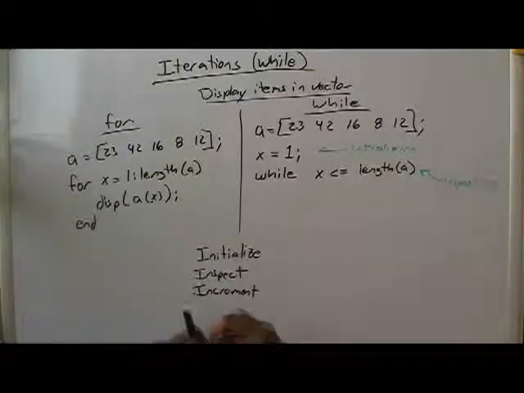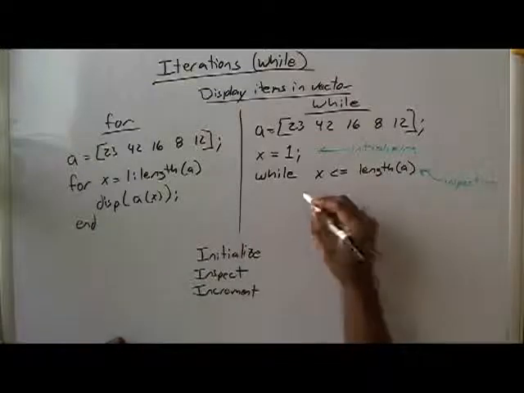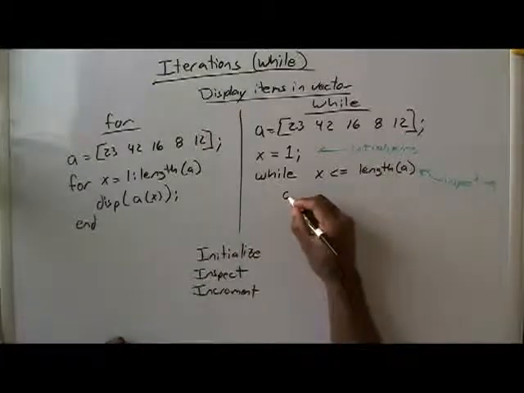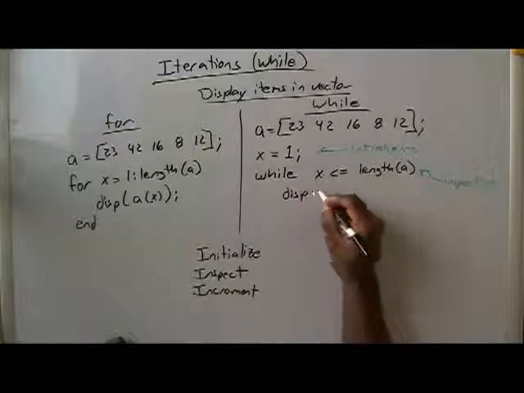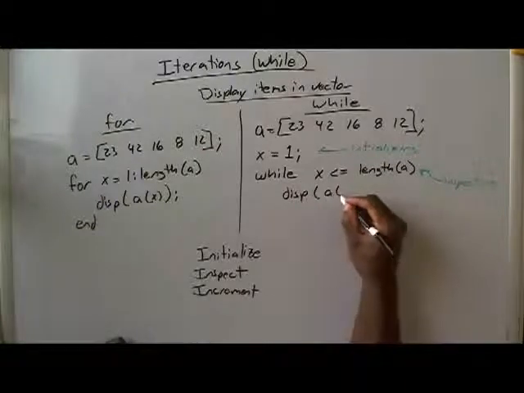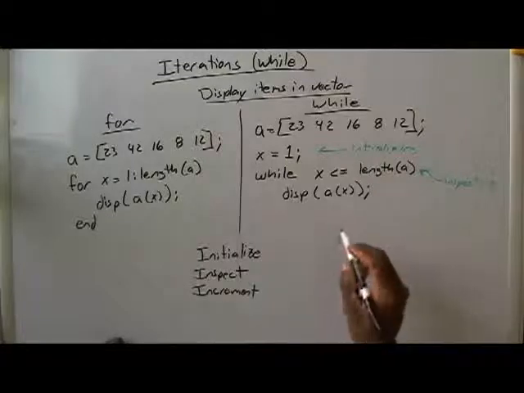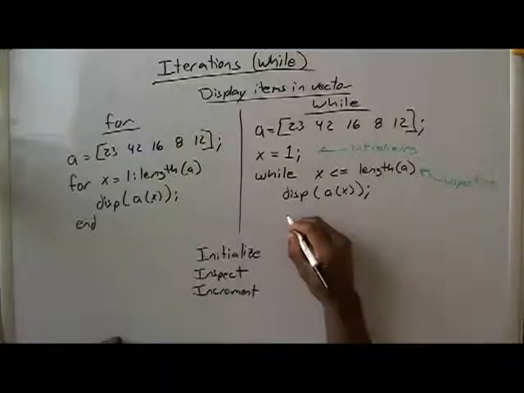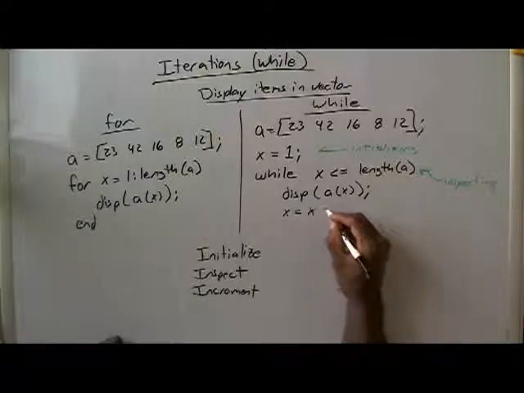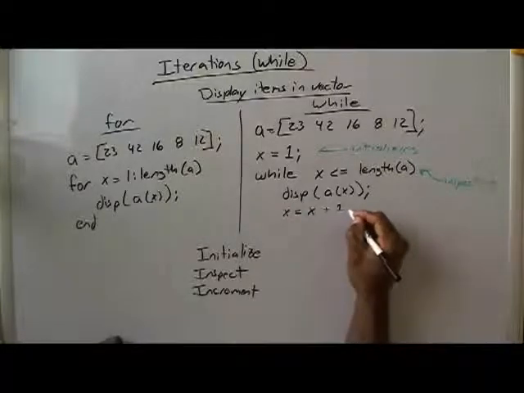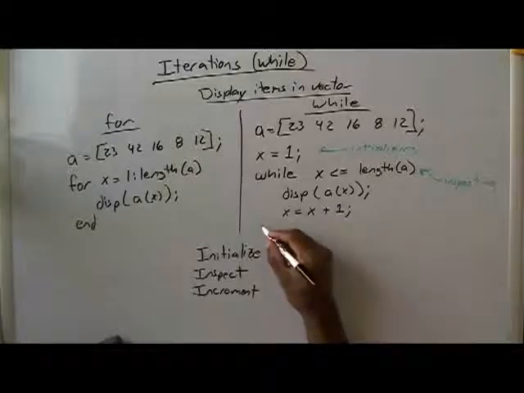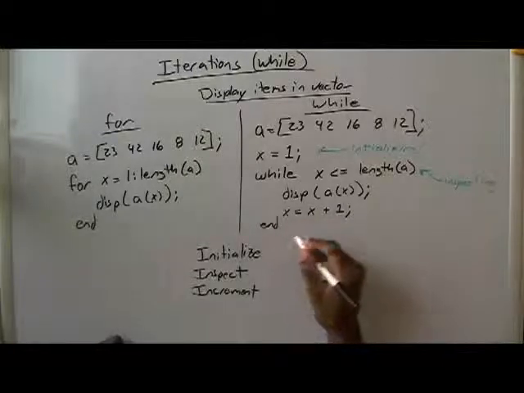So that's the inspection phase. Then we do some code block here. But the key is that within the code block inside the while loop, we have to do our incrementing part. The incrementing here is x equals x plus 1, which adds 1 to the value of x each time we go through the loop. Then we end the loop.